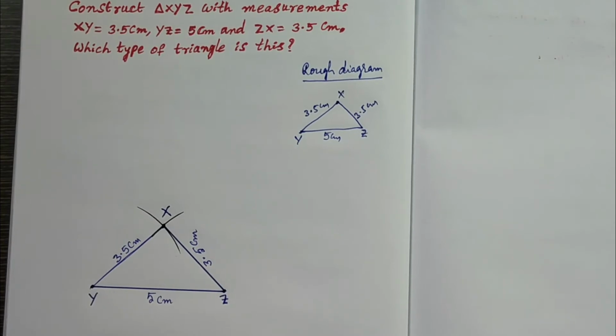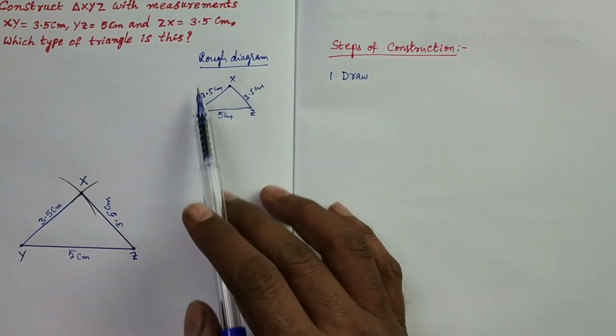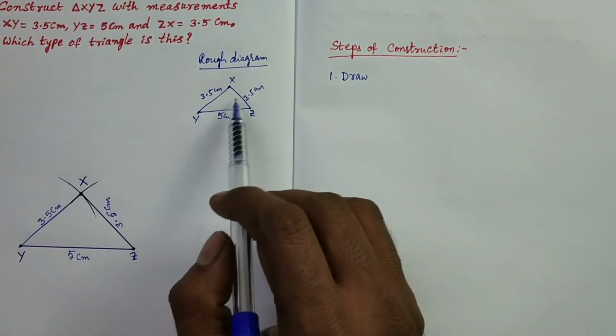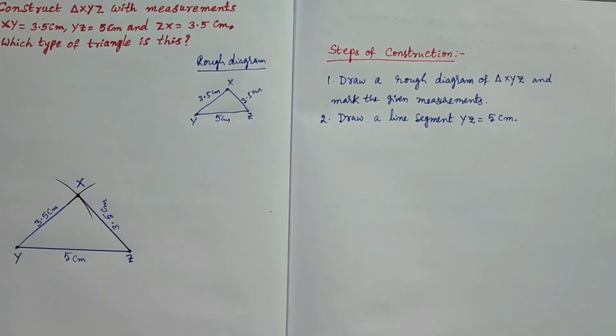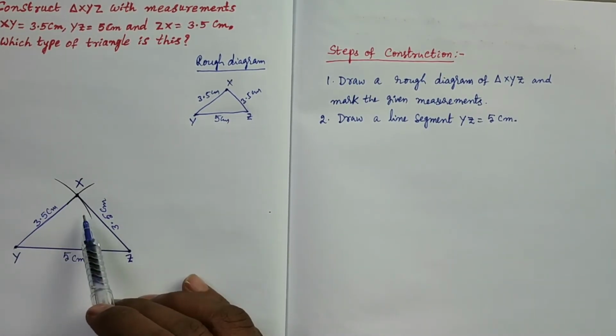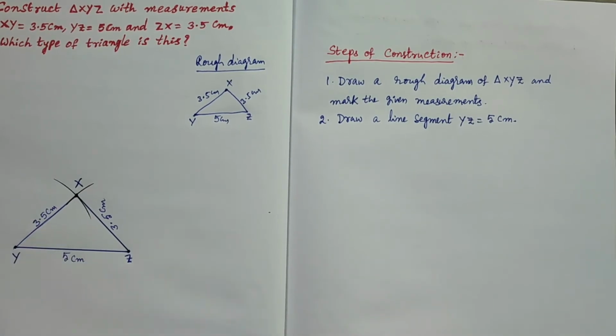Now steps of construction. The first point is draw a rough diagram of the given triangle XYZ and mark the measurements. The second point is draw a line segment YZ equal to 5 centimeters. Third point is draw an arc with Y as center, 3.5 centimeters as the radius.